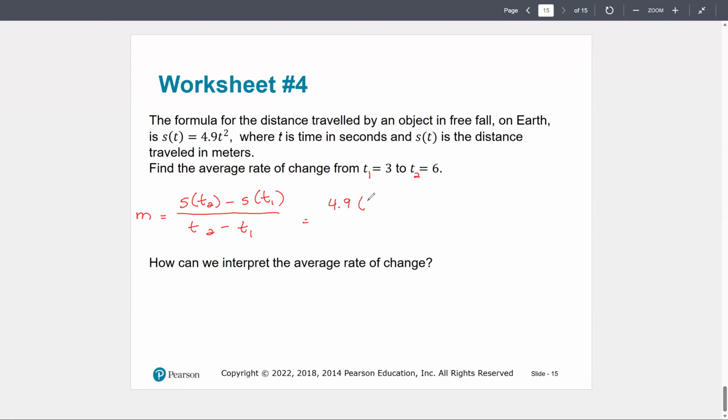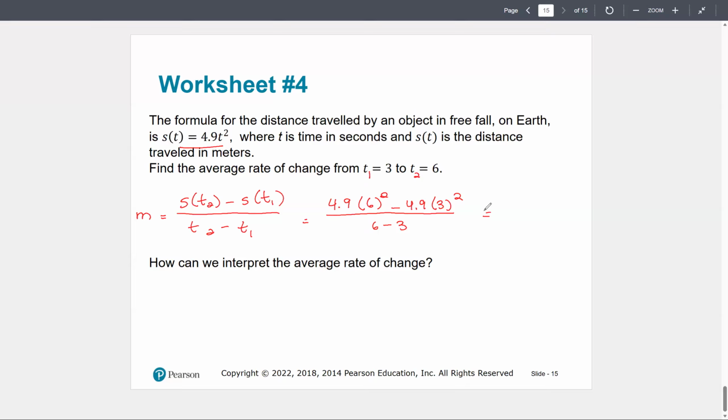And t2 is my 6, so that is going to be 6 squared. Minus 4.9, and then we have t1, which is my 3, so that's going to be 3 squared. Over t2, which is 6, minus t1, which is 3.